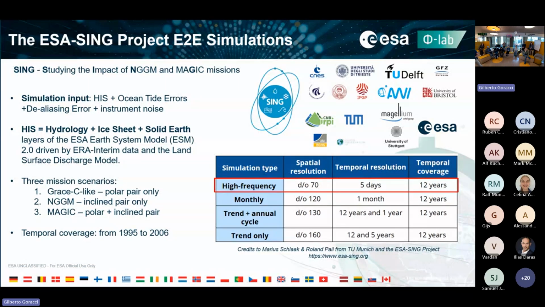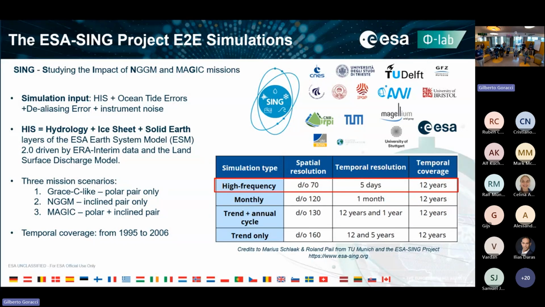We have 3 mission scenarios, GRACE-C, NGGM, and MAGIC, with a temporal coverage ranging from 1995 to 2006. We have different simulation types, different spatial resolutions, and different products.